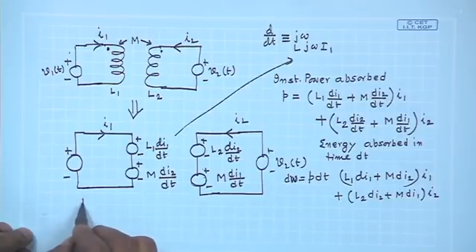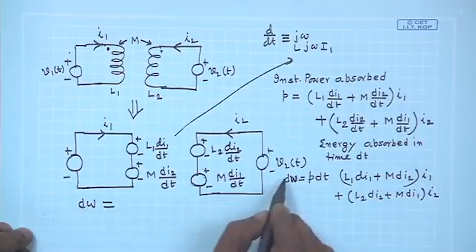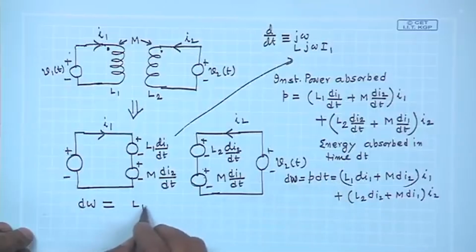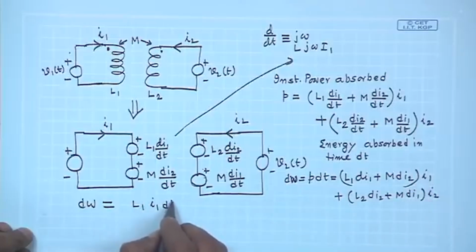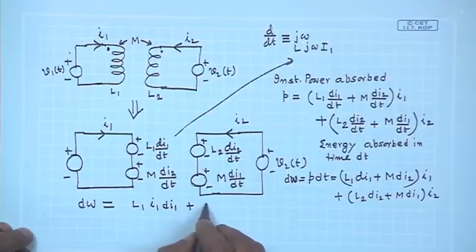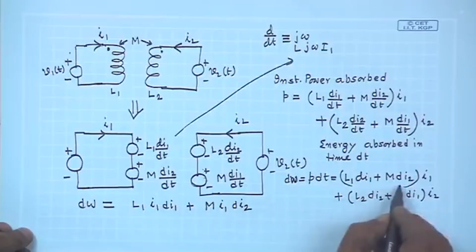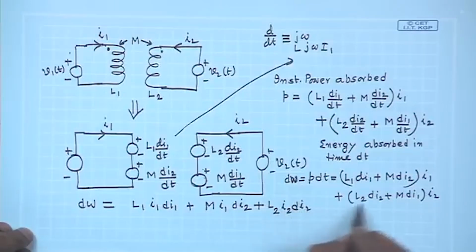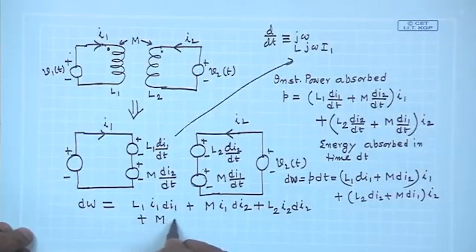And this we can write like this as L1 I1 dI1 plus m I1 dI2, this term, plus L2 I2 dI2, this term, and plus m I2 dI1. This way I can write.